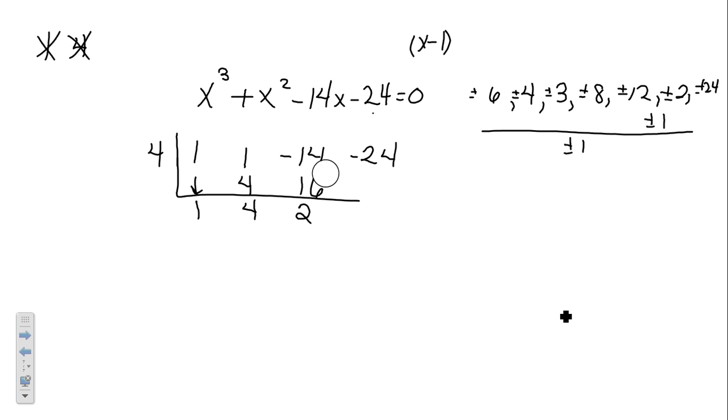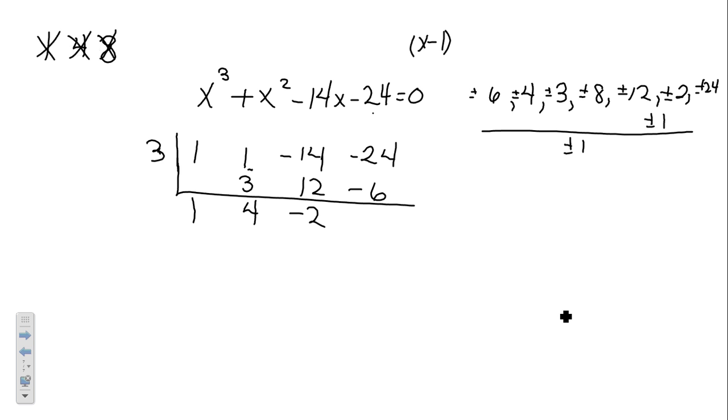Okay, might need something bigger. Let's try 8. 9 times 8, 72. Oh, I'm going to get way too big too fast. Okay, let's try 3. Closer.